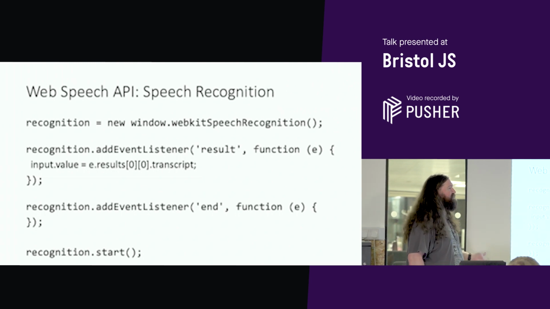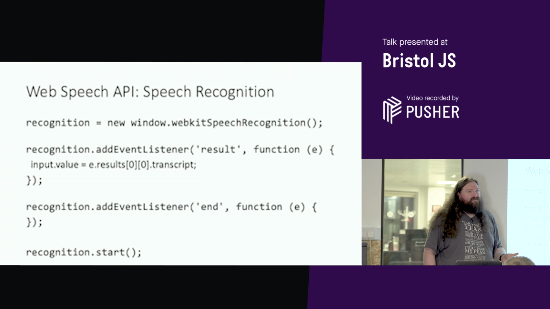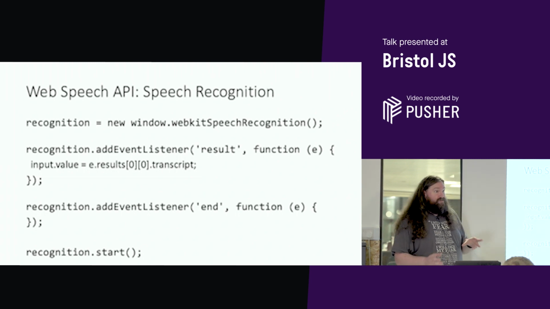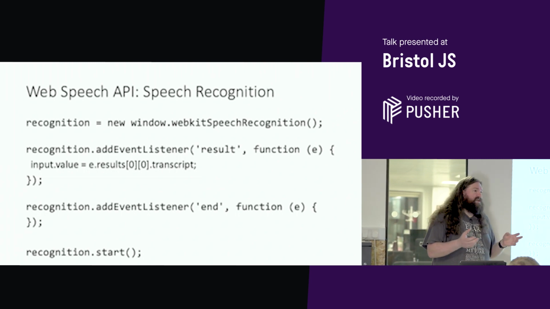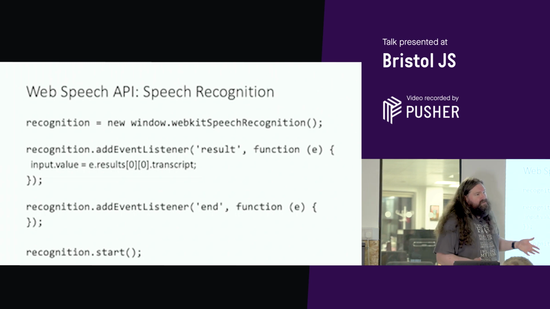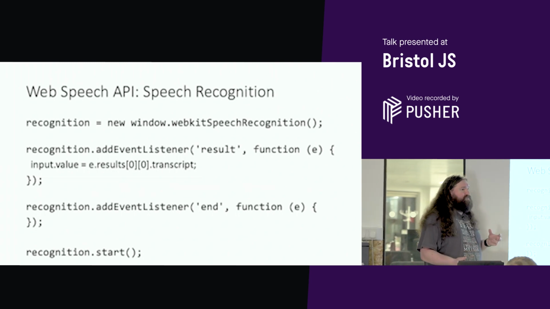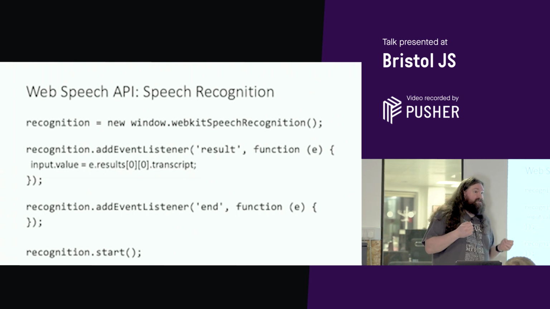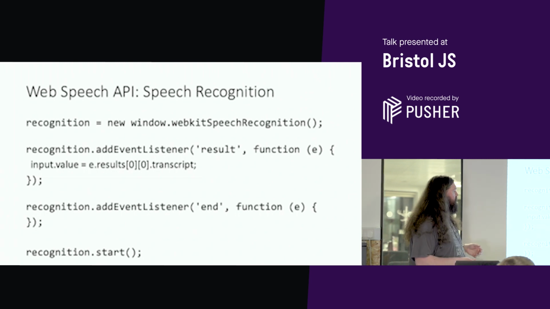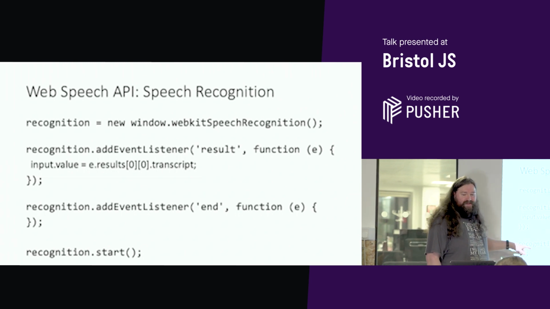You can also do things like request multiple results. So if it's not sure what it's saying, you can say, well, return me a maximum of 5 possible options and things like that. So if you want people to set it up so you speak into it, you choose something, you can do that. And then you get an end event, which is really handy just to make sure that they've stopped listening.